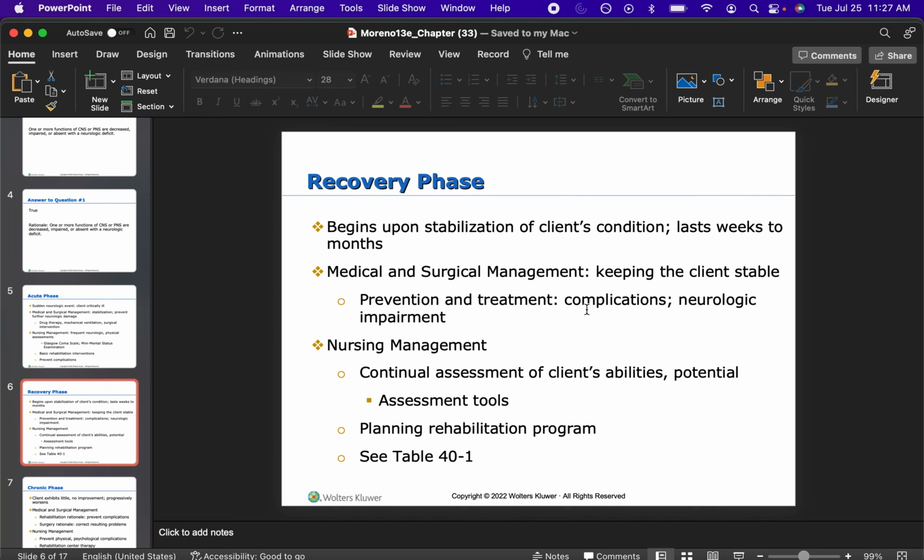We want to continuously monitor their abilities. Are they getting better? Are we getting OT, PT, speech involved? Places like Loveless Rehab, or any of the rehab hospitals, Encompass is another one that we have, that's definitely where someone would be in the recovery phase.